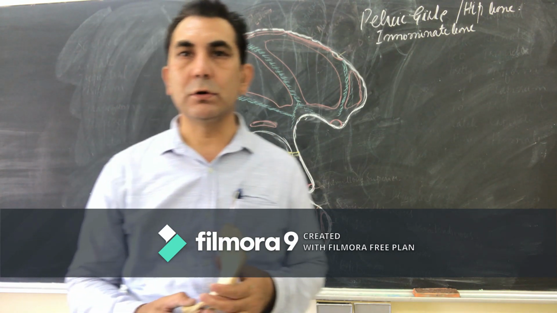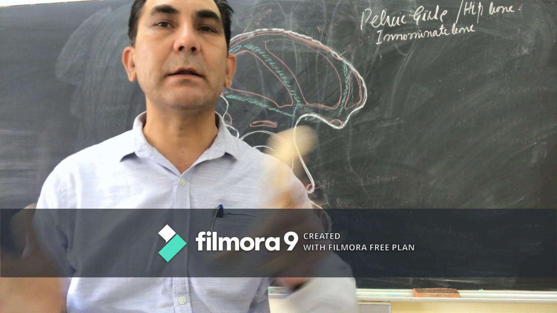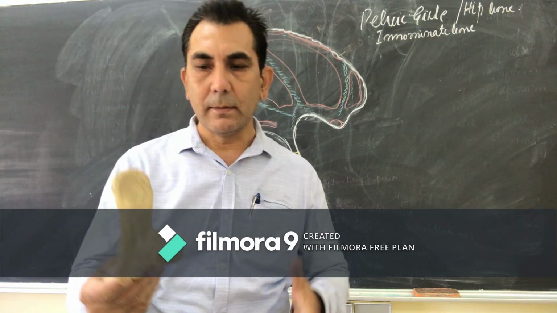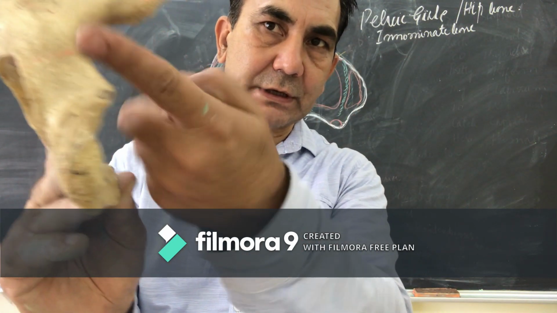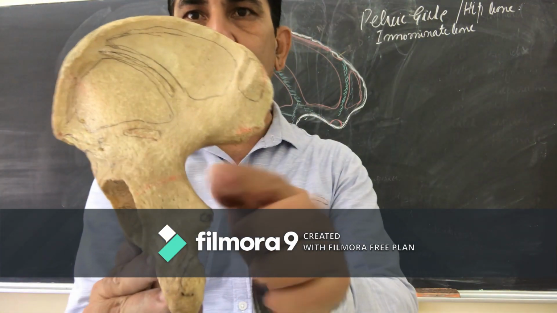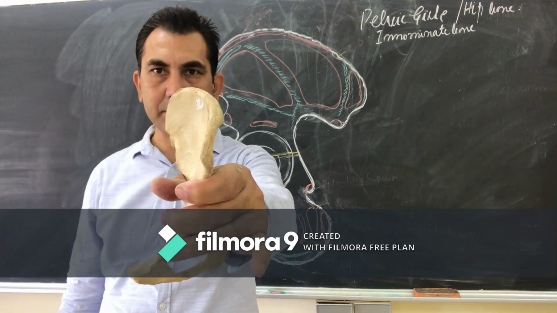Now how will you identify the right side or the left side of the lower limb? Look, here is the greater sciatic notch, and this greater sciatic notch holds this bone like a pistol.